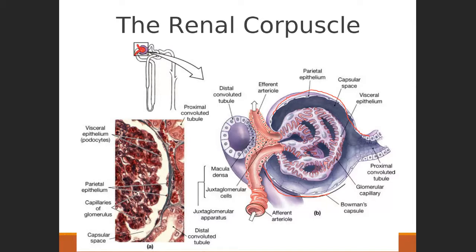Anything that leaves the glomerular capillaries and passes through these slits is going to wind up as a filtrate inside the Bowman's capsule. Eventually, that filtrate will extend out into the tubular portion of the nephron. Together, the glomerulus plus the Bowman's capsule make up our renal corpuscle.